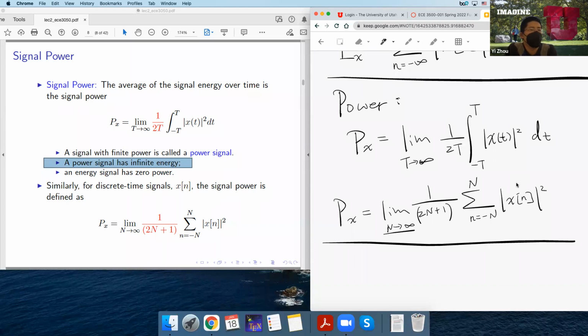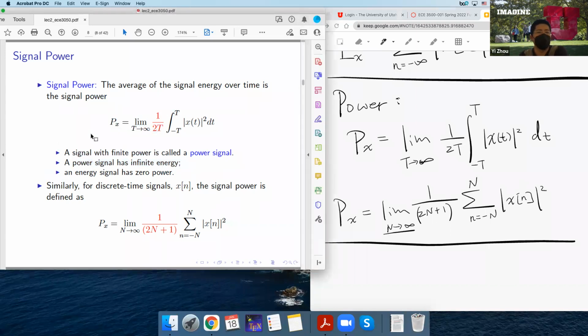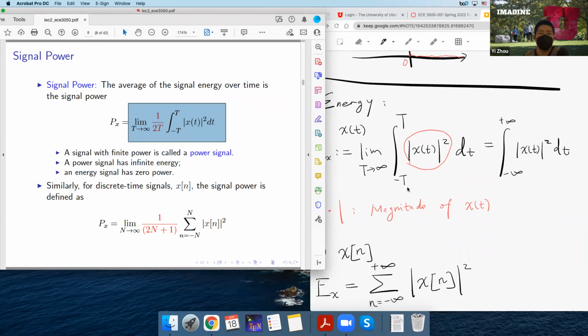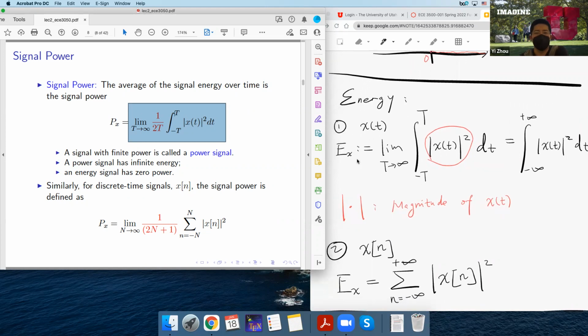So what is the argument for proving this? A power signal means that this limit is finite. Well, if you compare this with the definition of energy, you can see that in the power, we divided by 2T.